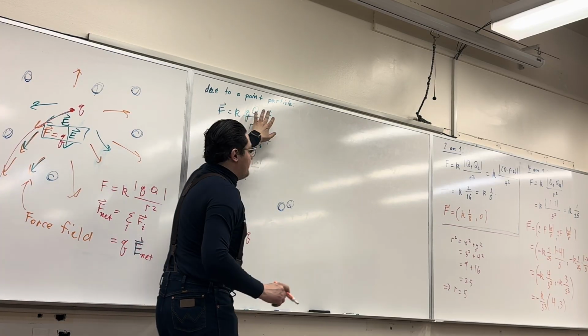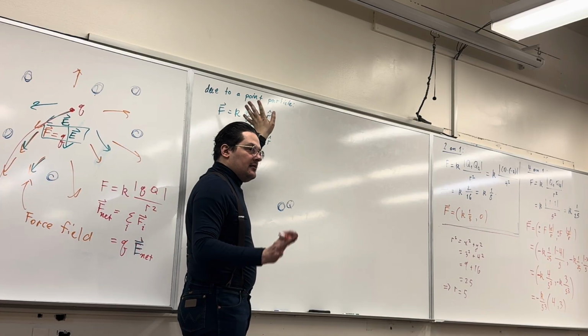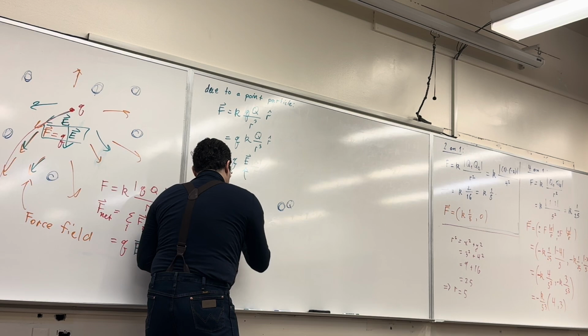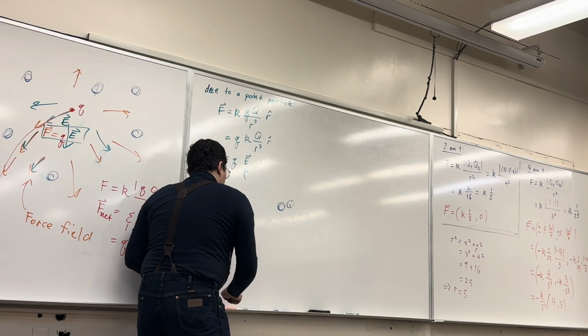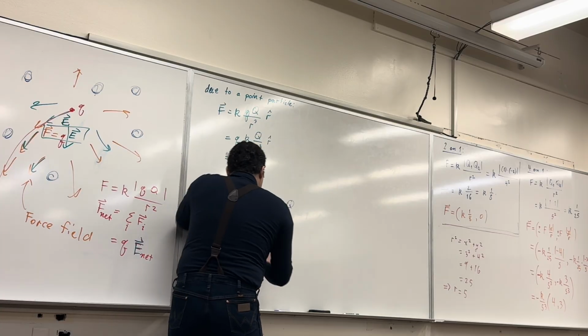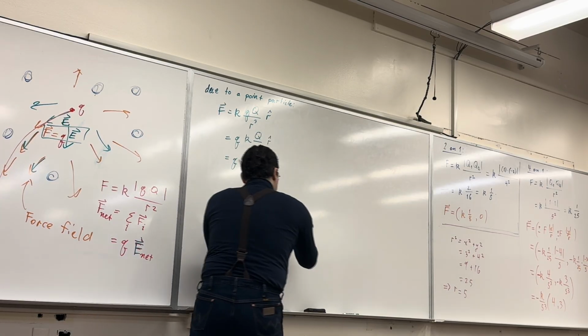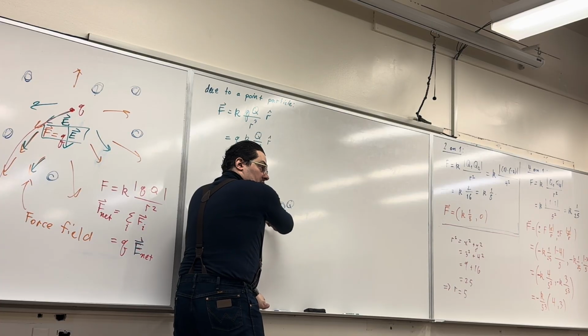Okay, just forget about this. This is a vector and it's being rescaled and it has a sign and whatever. Okay. This is the force. I can also think about it that let's say there were no charge there. I just had this fixed charge.